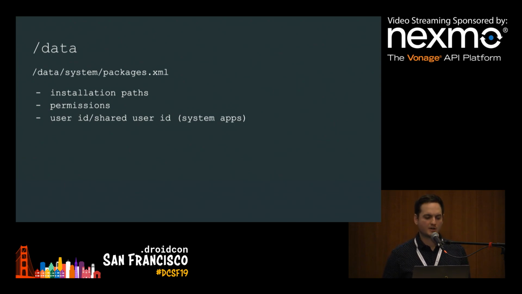We can also extract a file called packages.xml, which contains all of the installation paths for all of the installed applications. It contains all of the permissions for all installed applications, including system applications and pre-installed ones.